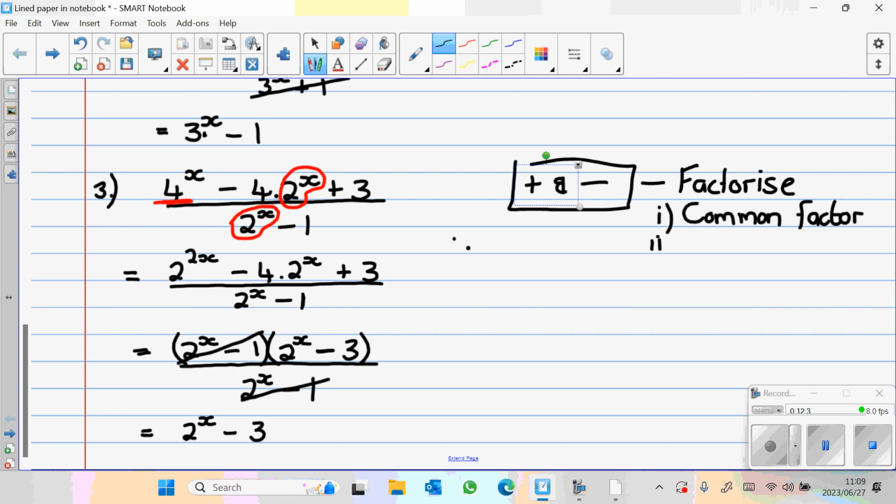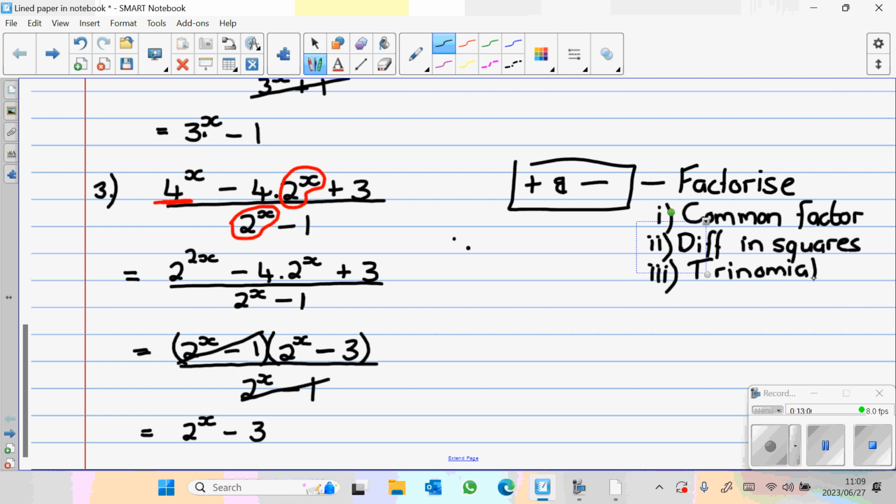The second one is the difference in squares, which happens when you only have 2 terms. And the third one is a trinomial.